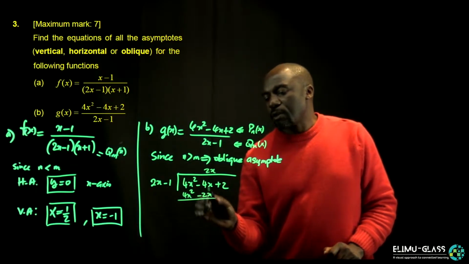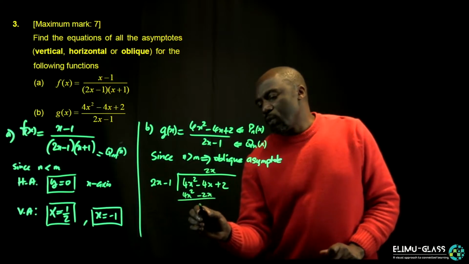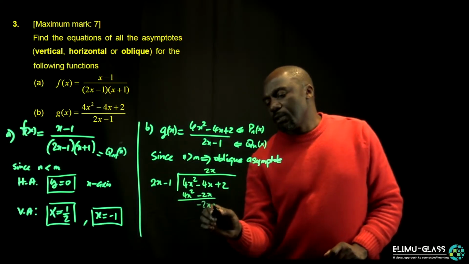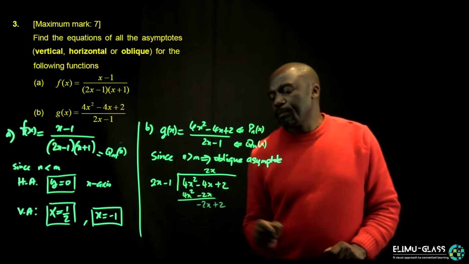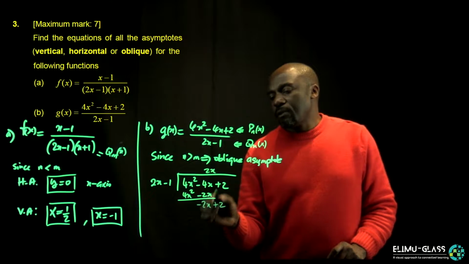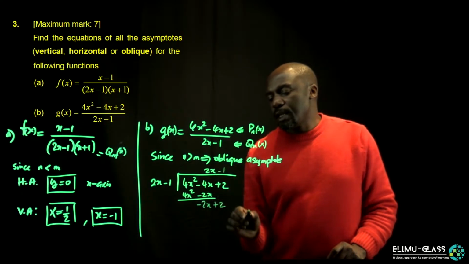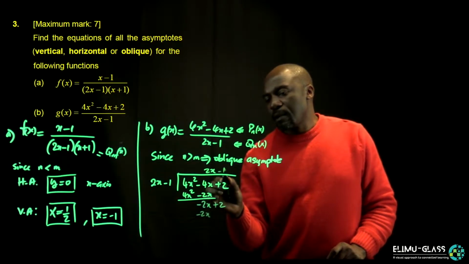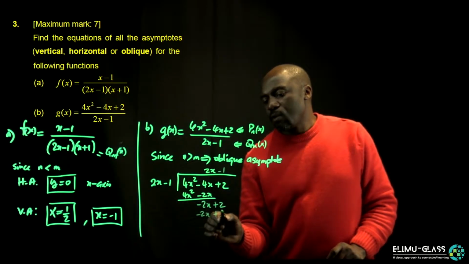Now we have to subtract those two, and that leaves us with negative 2x. When we subtract, bring the 2 down. So 2x goes into negative 2x, negative 1 times, to give us negative 2x plus 1.